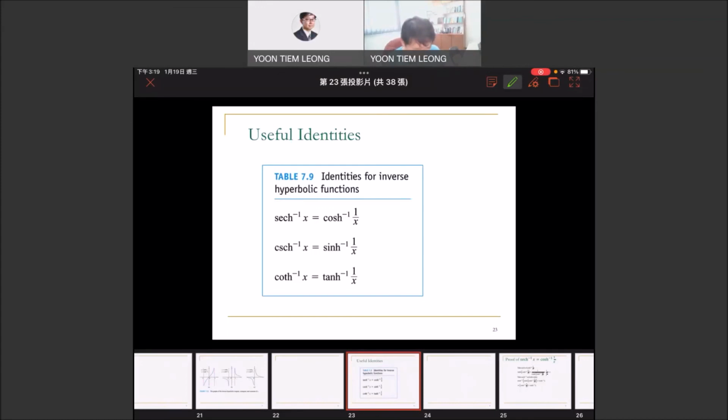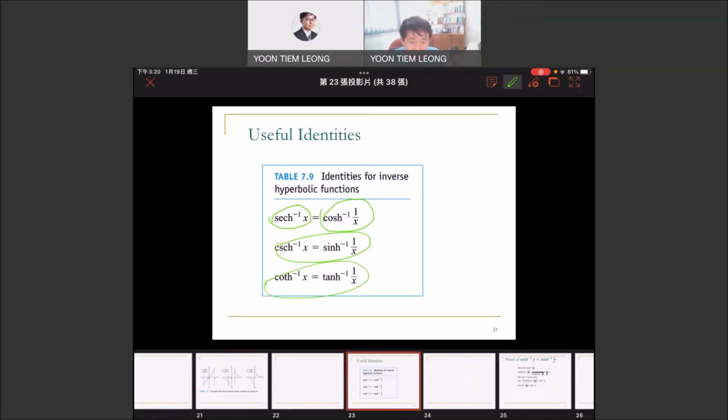That is, the inverse hyperbolic secant function is just equal to the inverse hyperbolic cosine function with 1 over x, and you have this very simple-looking identity which can be understood quite easily.